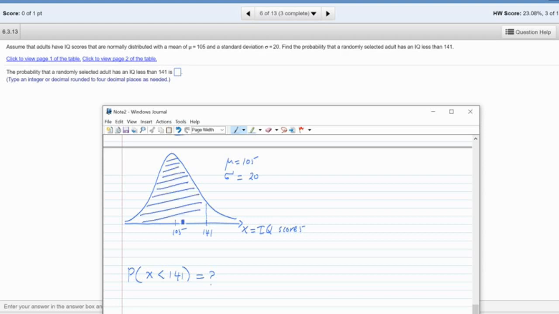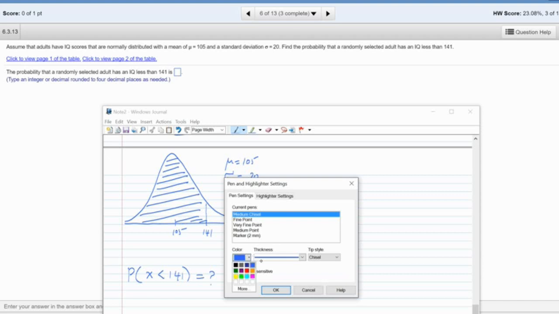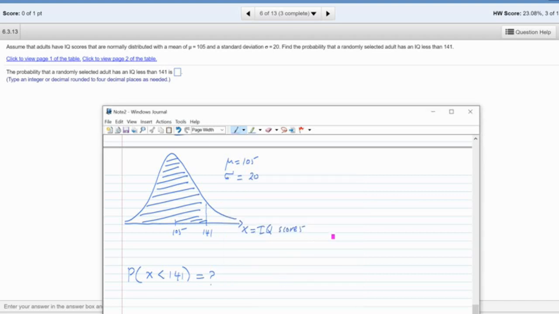Okay. All right. Now, first we convert this to a standard normal distribution, Z, 0. So how are we going to do this? z equals x minus mu over sigma. So for this example, x minus 105 over 20.